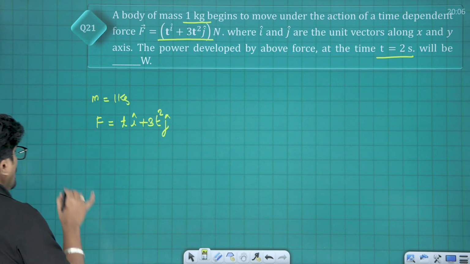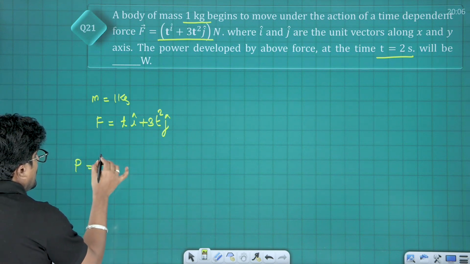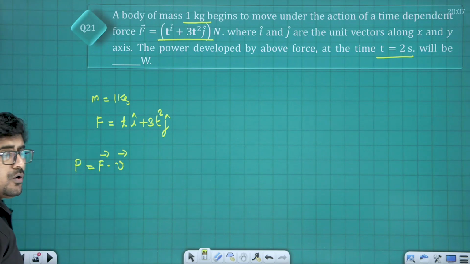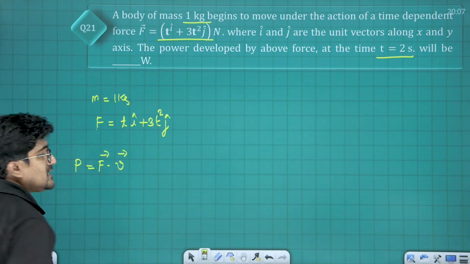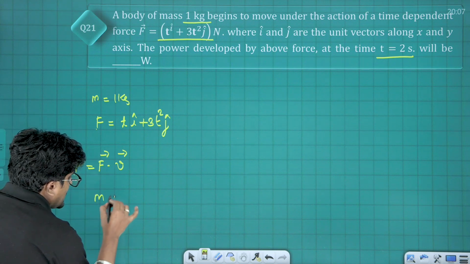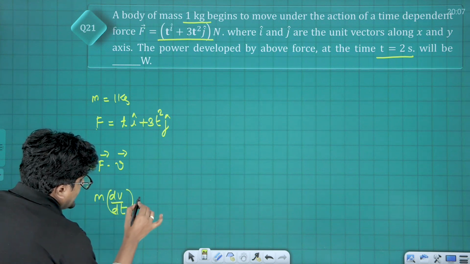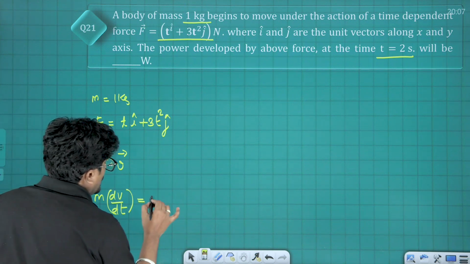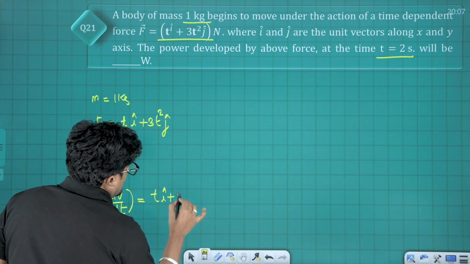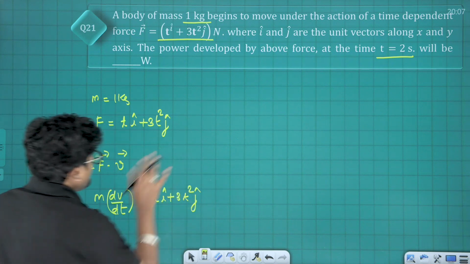Okay, we all know that power P means F dot V. Now here this is force. We know that force is mass into acceleration. Acceleration can be written as dv by dt and that is now equal to t i cap plus 3 t square j cap.